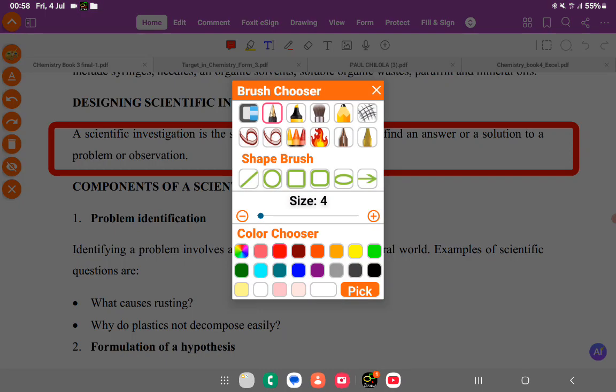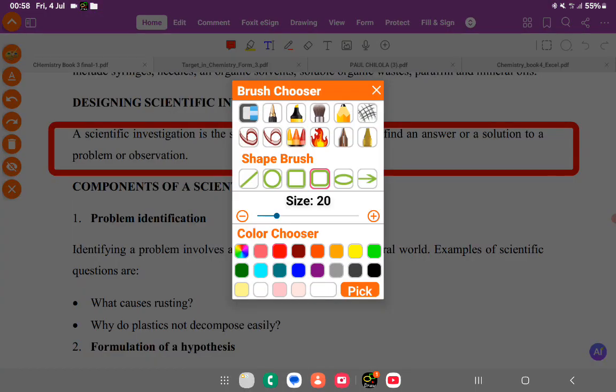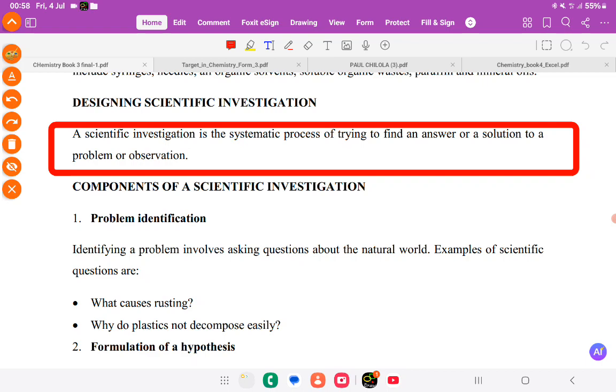You cannot solve a problem without a problem. So we need a problem which is scientific in nature, and then we try to solve it. So the first stage of a scientific investigation is to identify a problem, right?